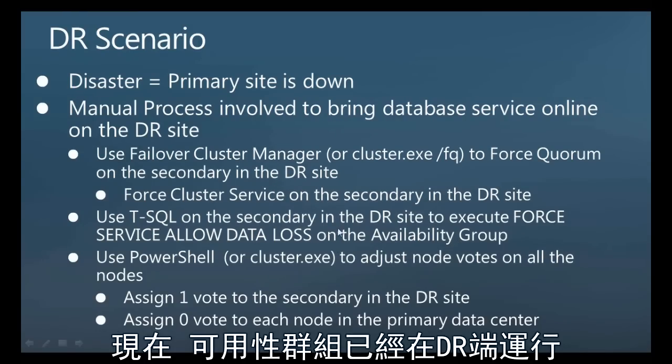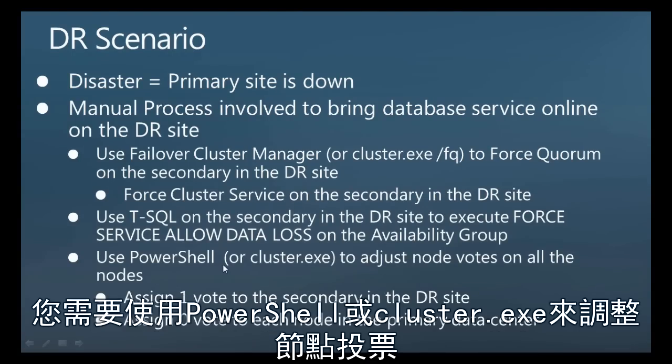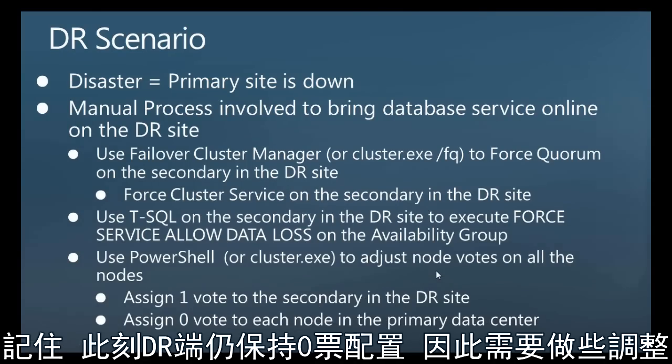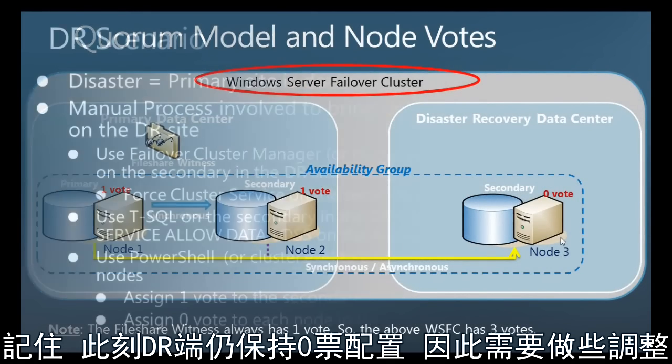So now you have your availability group running in the DR side, and it's running in forced quorum mode. You want to use PowerShell or cluster.exe to adjust the node votes. Remember, we still have the DR side configured with 0 vote, so you need to change that.